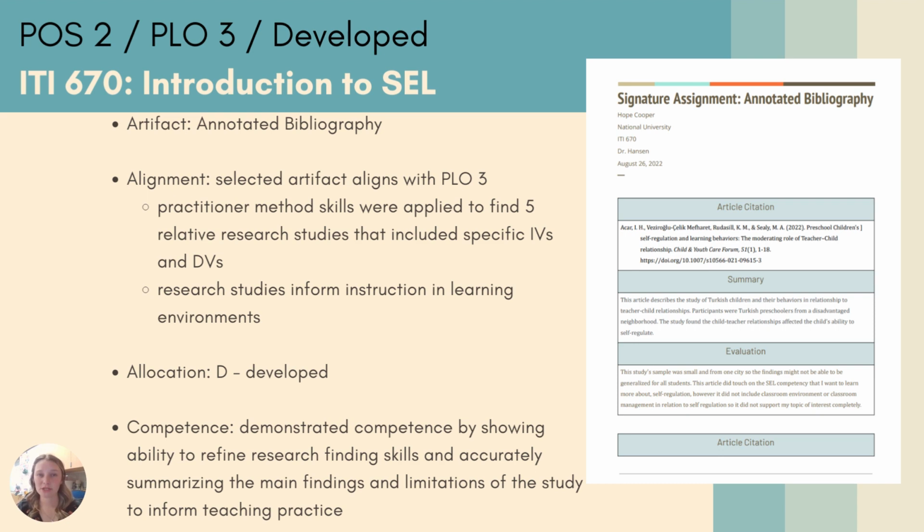This research informed my question as well as my instruction, like I mentioned in the last research paper. And I learned that classroom management really can impact self-regulation in students, and that's something I've definitely taken into consideration this year with my students and applied to my current classroom.